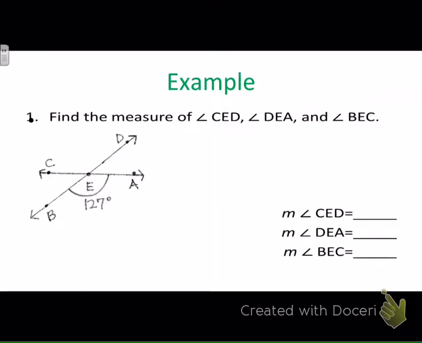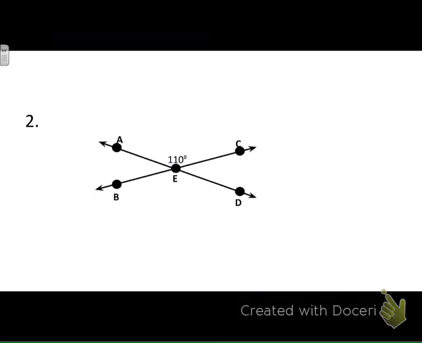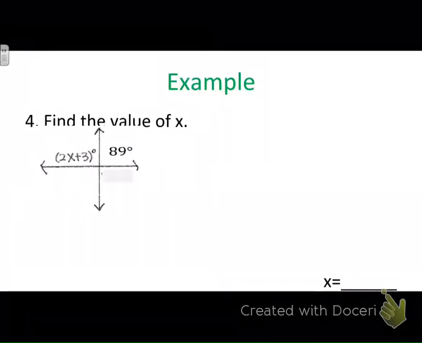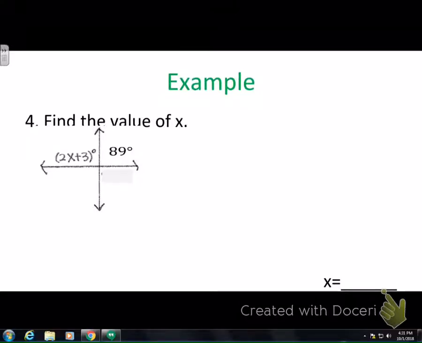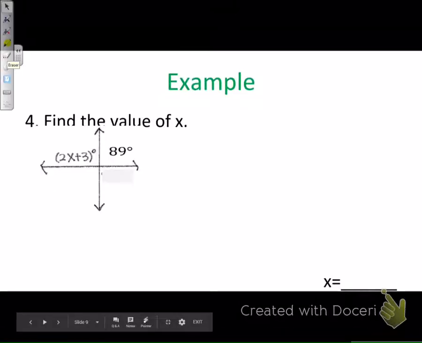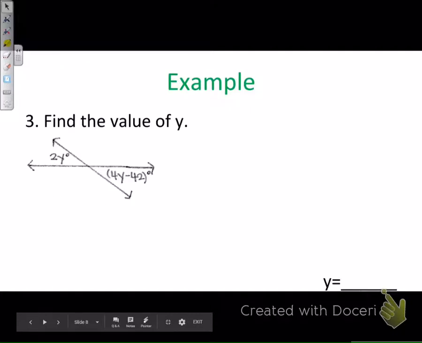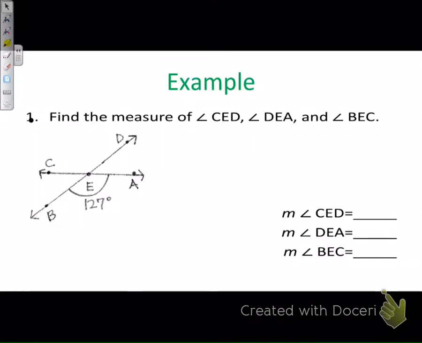Alright, so we need to find the measure of angle CED, DEA, and angle BEC. So, first thing, we're given that angle BEA is 127.